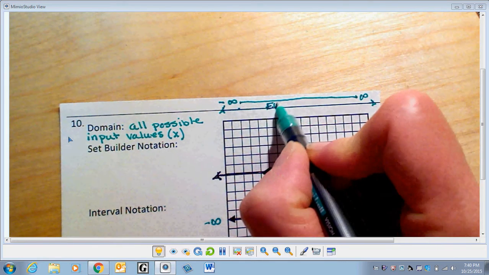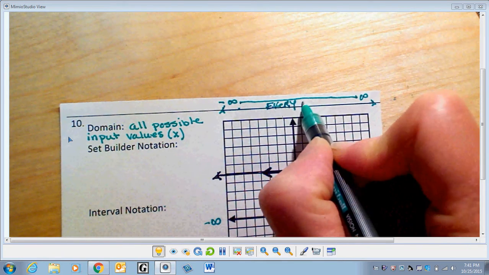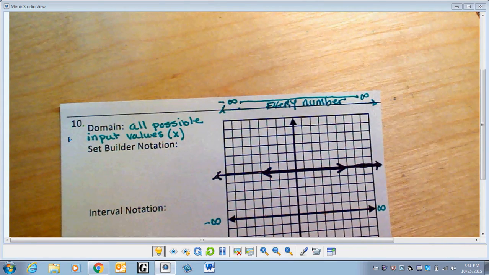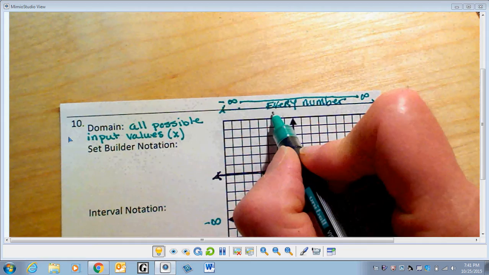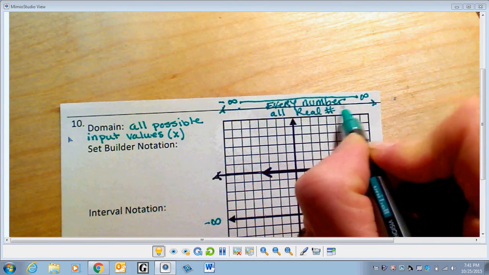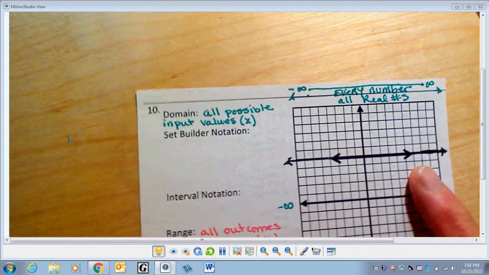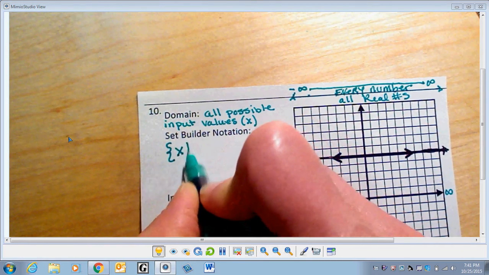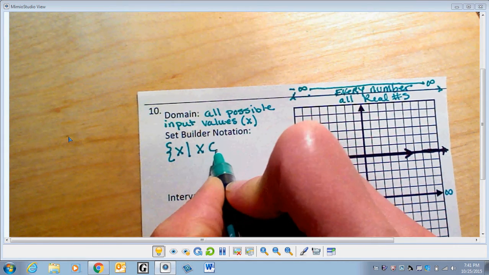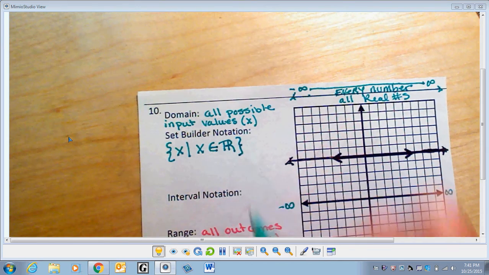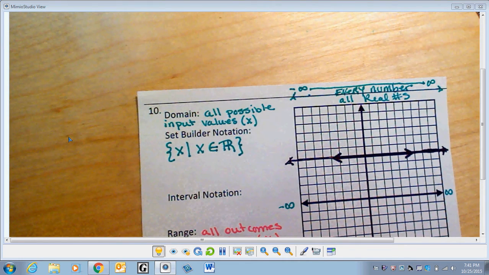So it's every number, every single number that you could ever imagine saying. So that means all real numbers, all real numbers. Okay? So, set builder notation. The set of x such that x is the set of all real numbers. So that's how you do it in set builder notation.